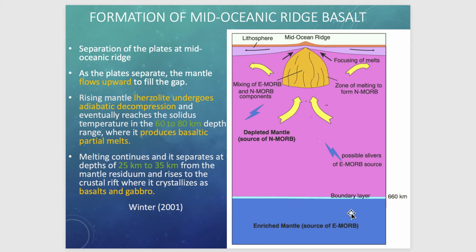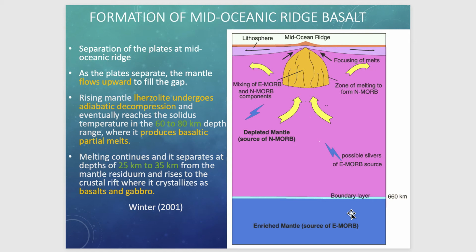So ultrapotassic melts may form because you have exotic chunks of crust that have been transported through subduction zones, or you might have slivers of mantle that contain particularly enriched minerals such as amphiboles that contain quite a bit of potassium, and so they will contribute to these exotic melts.